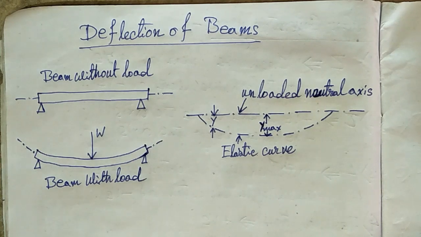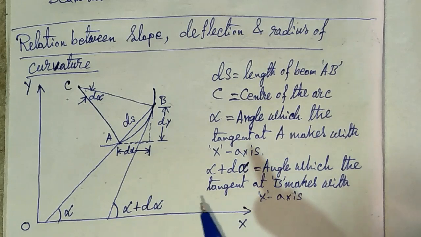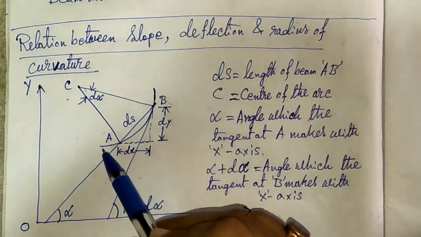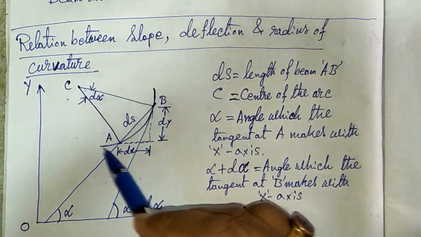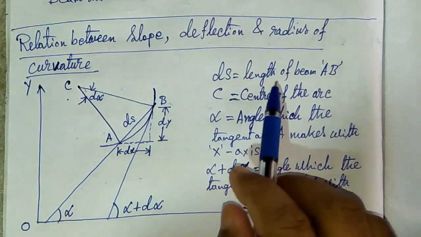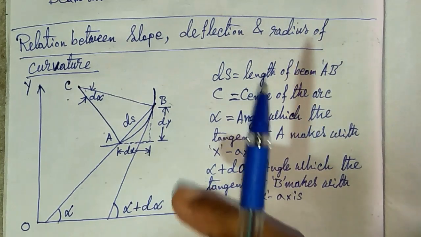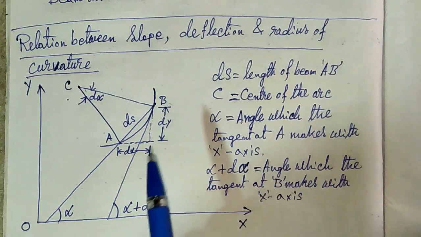So let's see the relation between the slope, deflection and the radius of curvature. As you can see in this figure, AB is a beam, and ds is the length of a small portion of the beam.